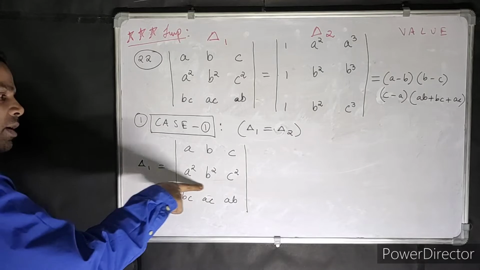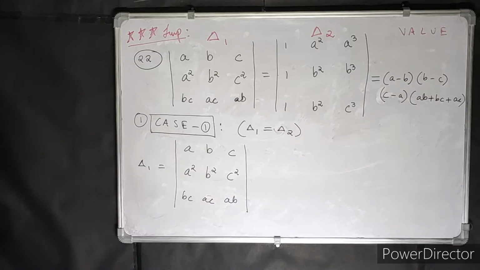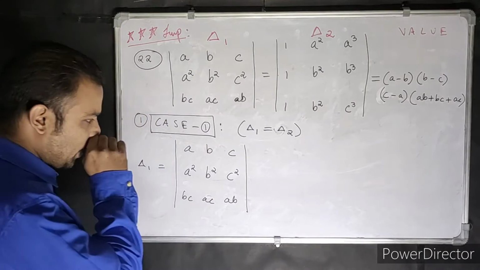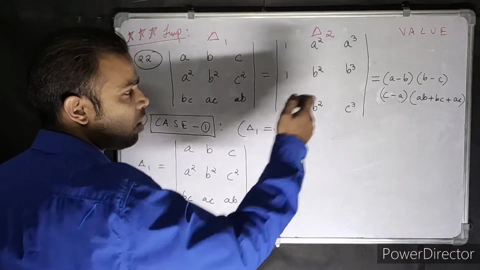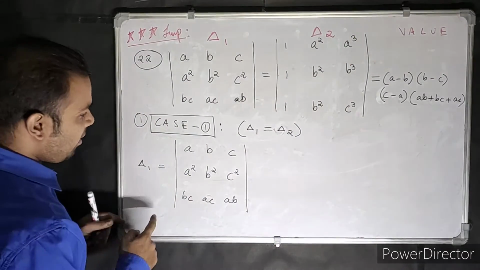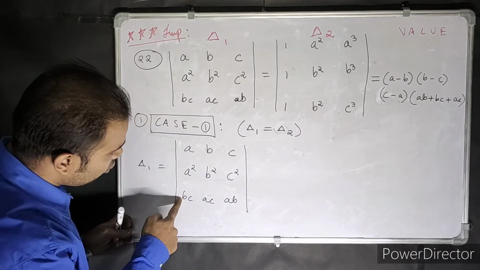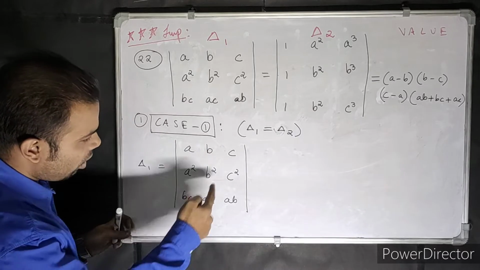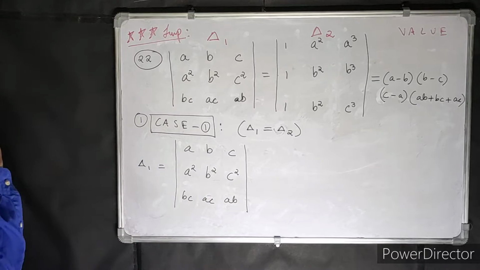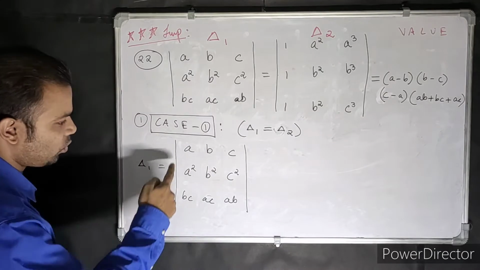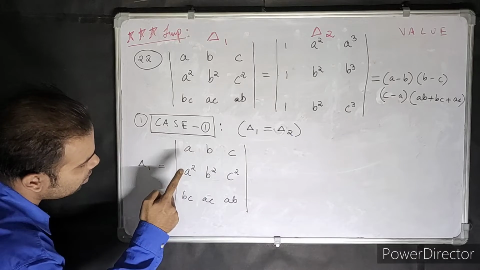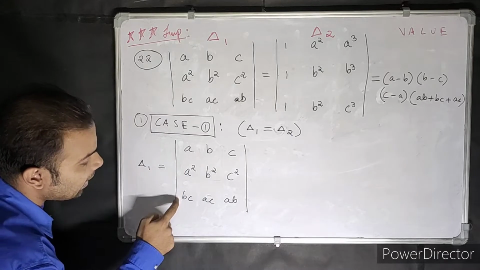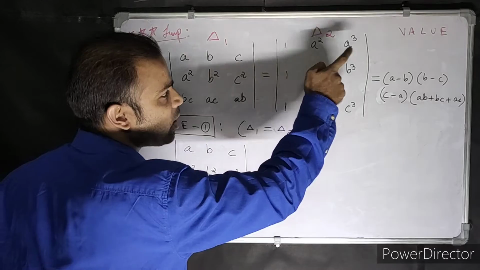Now look, if I do this, then I will get a third column also, cube. If I multiply A with the first column, B with the second column, and C with the third column, just think about the first one. If I multiply A with the first column, then what do I get? I get an A square here, an A cube here, and an ABC. So I get A square and A cube.